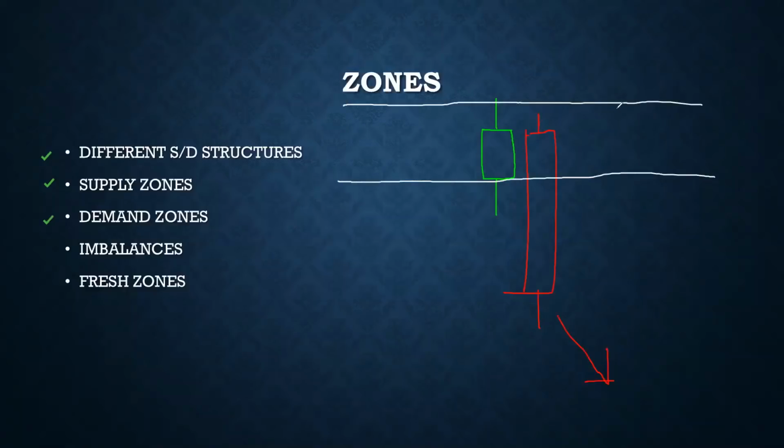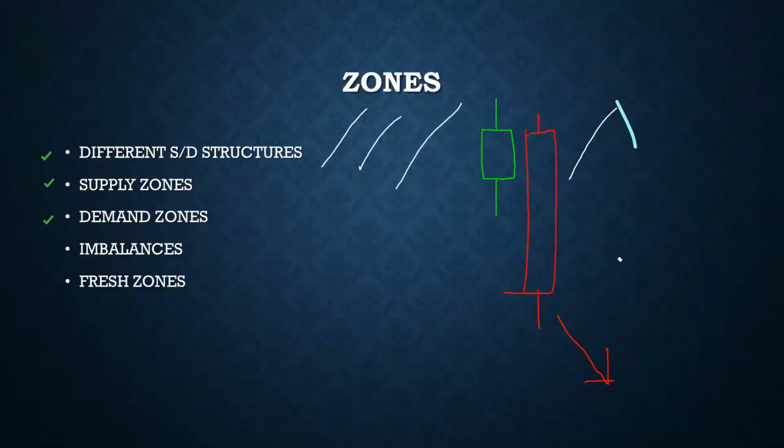You see, this will be my zone, because you can see that the amount of imbalance in this zone is so much that it caused the price to reverse so much, and it in turn formed a really nice zone over there. And the inverse is true for the demand zone. Let me just sketch it real quick. You guys can also sketch it in your notebooks and see whether you've drawn the same thing as I've drawn.